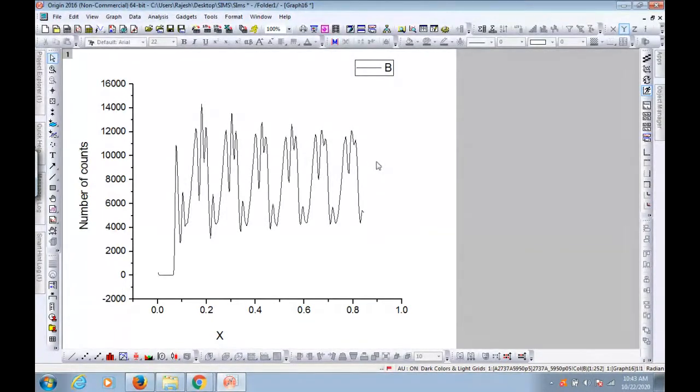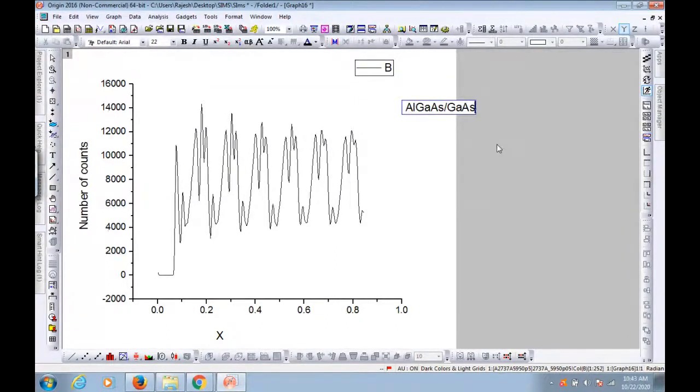We have different types of layers, and we would like to know what the aluminum content is in this case. For example, if we have any material, like aluminum gallium arsenide, and you would have gallium arsenide also.